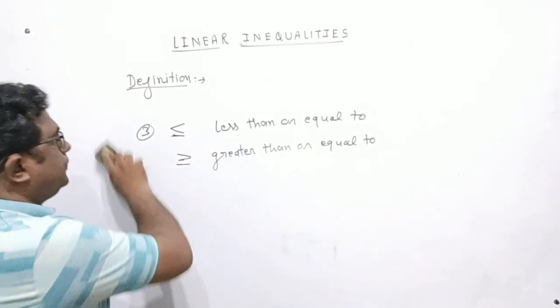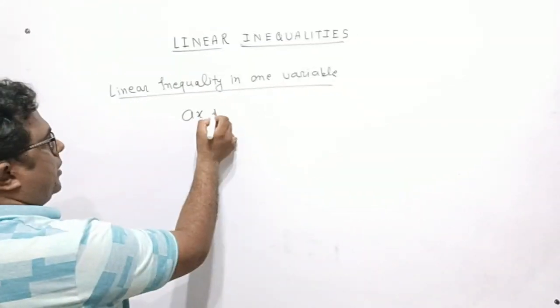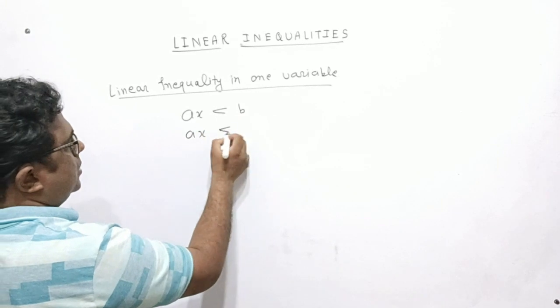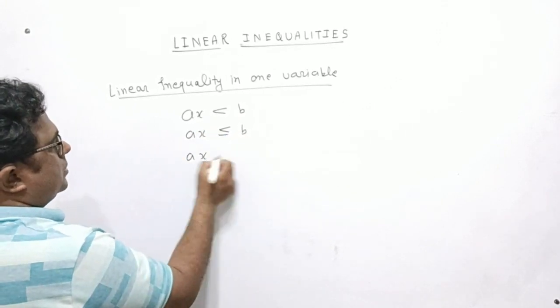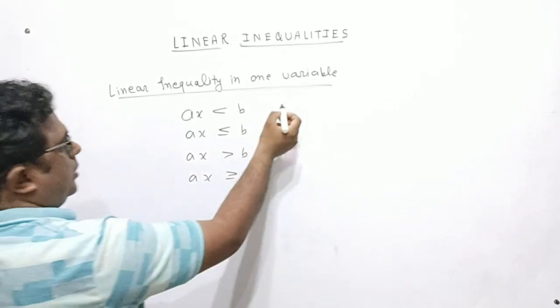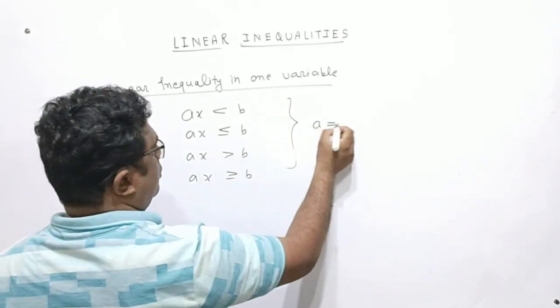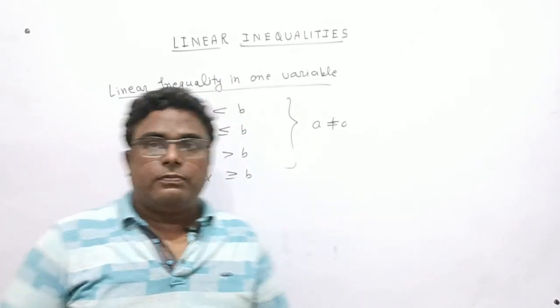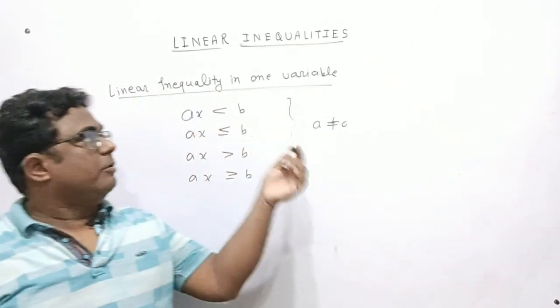It is of the form ax less than b, ax less than or equal to b, ax greater than b, ax greater than or equal to b. In all these, a is not equal to 0. So all these are the general forms of linear inequality in one variable.